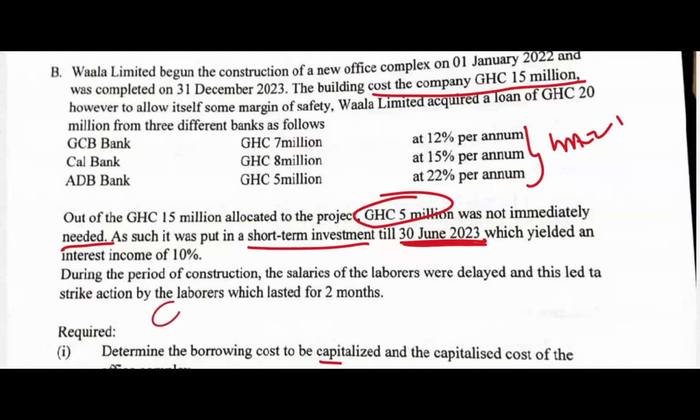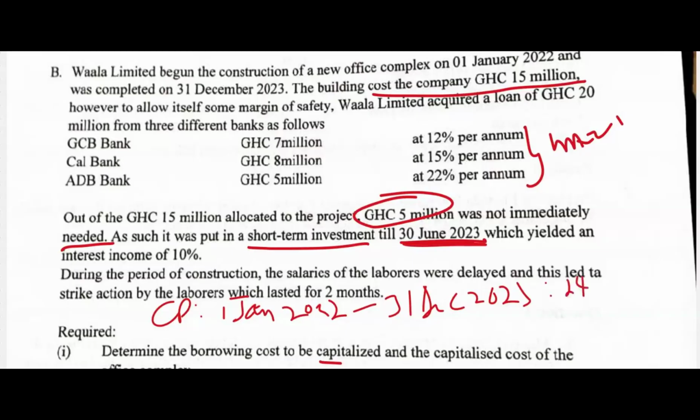When did it start? 1st January 2022. And when did it end? It completed on 31st December 2023. So how many months? 24 months.